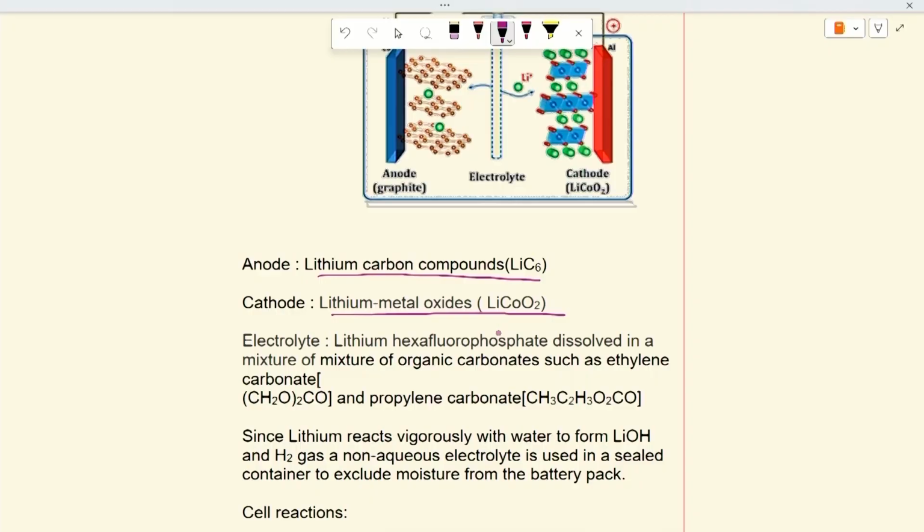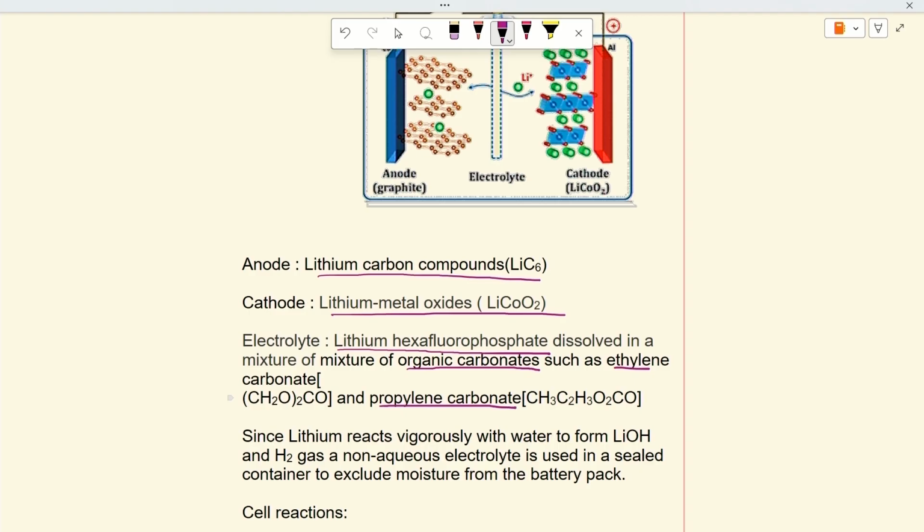It explosively reacts with water and releases hydrogen, and therefore the electrolytes can never be in aqueous condition. Here we have organic solvents, and the electrolyte is lithium hexafluorophosphate dissolved in a mixture of organic carbonates such as ethylene carbonate or propylene carbonate.